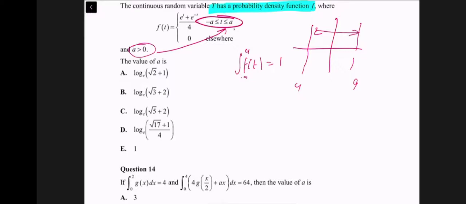But imagine if A was negative and you're saying that T is greater than A, so T is greater than a negative number and it's greater than a positive number. So it wouldn't really make sense if A was negative, but it doesn't really matter. It's just there. But if you put it into your CAS, you should get A.